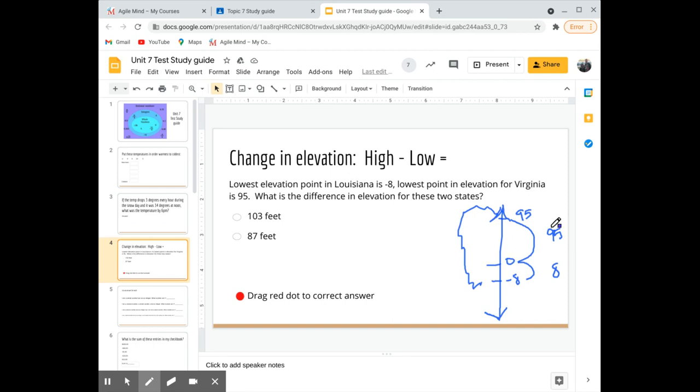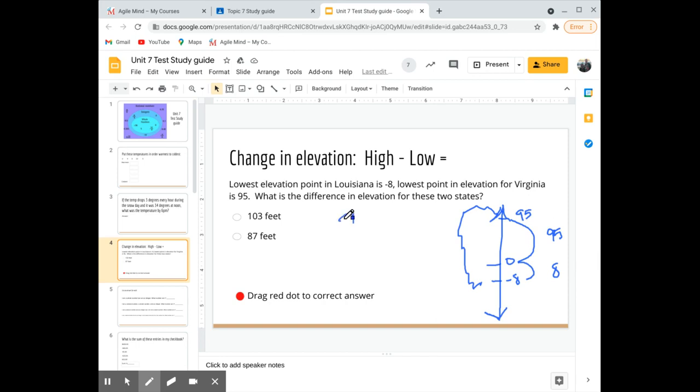So I need to figure out how far it is from here all the way to there. So what would I need to do with 8 and 95? Do you multiply them or divide them? What do y'all think? Can y'all help her out? If we want to combine them, what would we do? Add. Yeah, we want to add them.